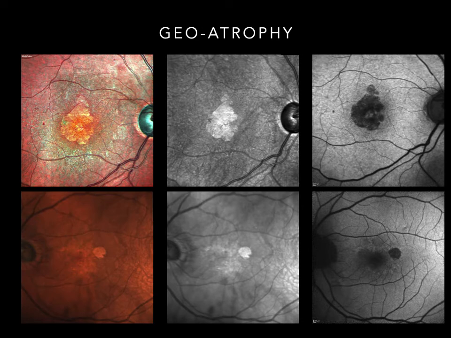Incipient GEO-ATROPHY, as we mentioned, means presence of areas of RPE atrophy not fulfilling the ARM criteria, representing a pre-GA stage, like the photos in the lower row. Incipient GA or non-GA at presentation means formation of GA involving fixation within 2.5 years.